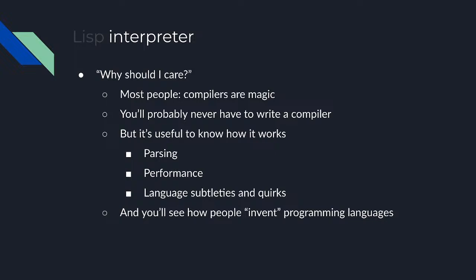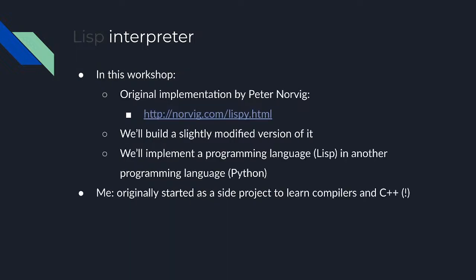You also see through this workshop how people invent programming languages. They don't just sit down, think of something, and make this magic thing. You see how they actually implement a programming language. In this workshop, thanks to Peter Norvig, this AI scientist, he has a few blog posts where he used Python to write a Lisp interpreter.